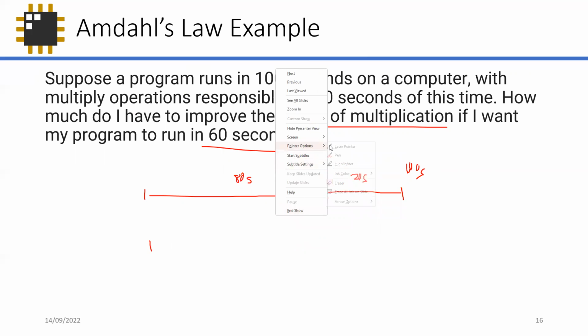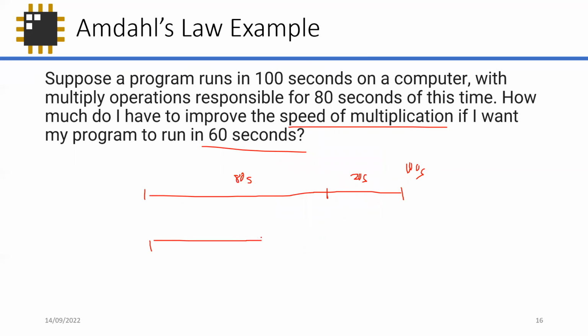I want my final form to be 60 seconds only, right? But how much of my multiplication needs to be reduced? I'm exaggerating that. So let's say this is 20 seconds. This is the untouched time. And this is how much time do I need. Well, visually, if the untouched is 20 seconds of time, then I need the remaining 40 seconds.